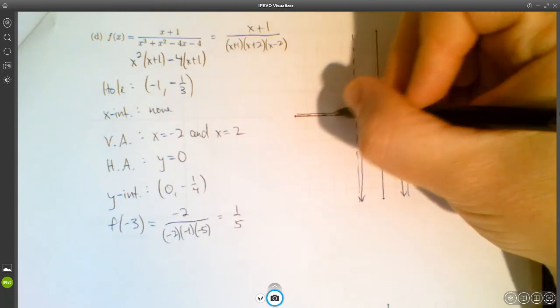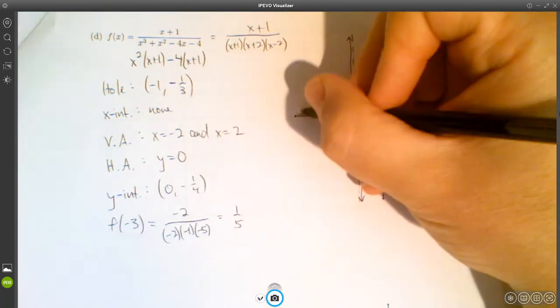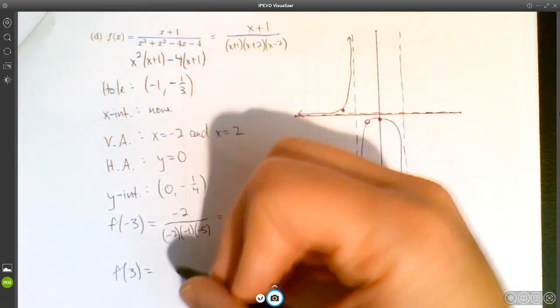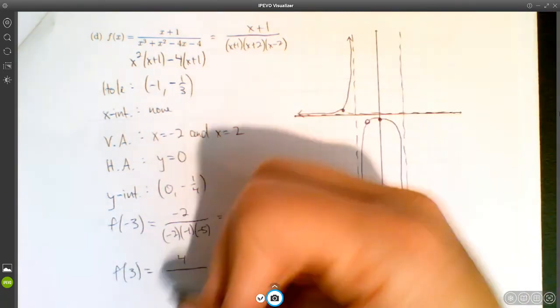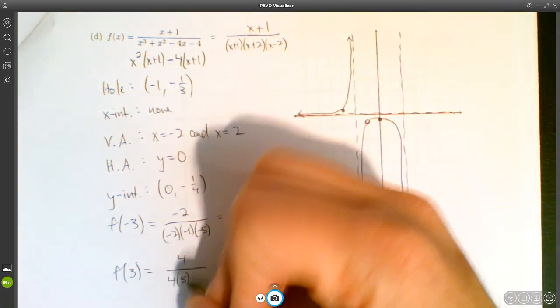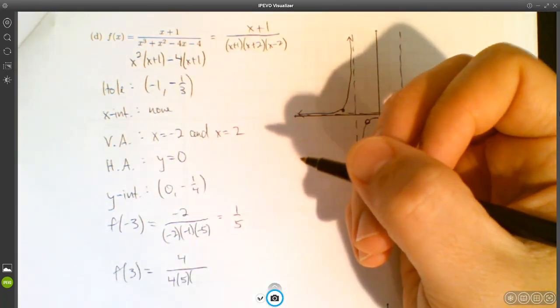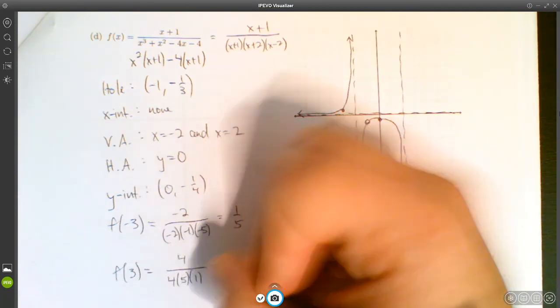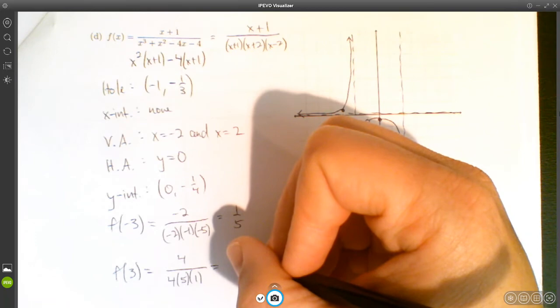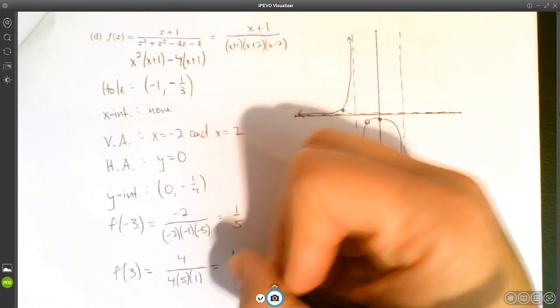All right, so that must look like that. What about at positive 3? I would have 4 over 4 times 5 times 1. That's 4/20, which is again 1/5.